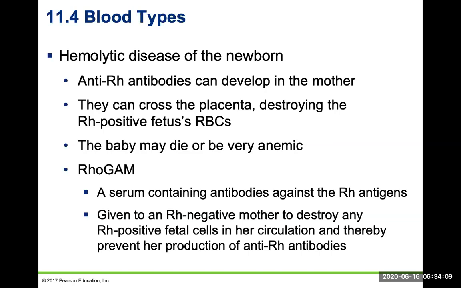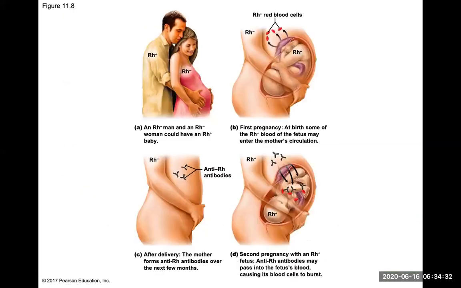So they'll check your blood type when pregnant, and they'll give you a RhoGAM shot, which is an injection, and it's a serum containing antibodies against those Rh antigens. It's given to an Rh negative mother to destroy any Rh positive fetal cells in her circulation, and thereby prevent her from producing any antibodies against her baby's cells.